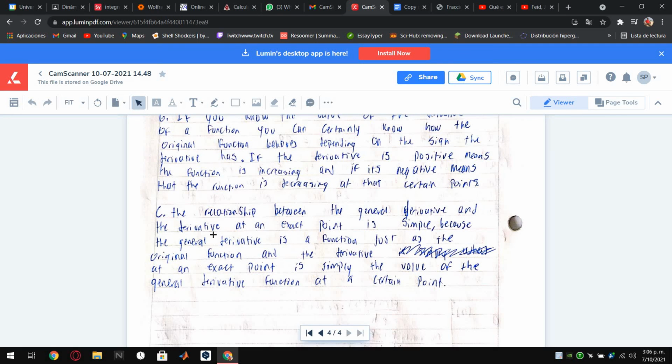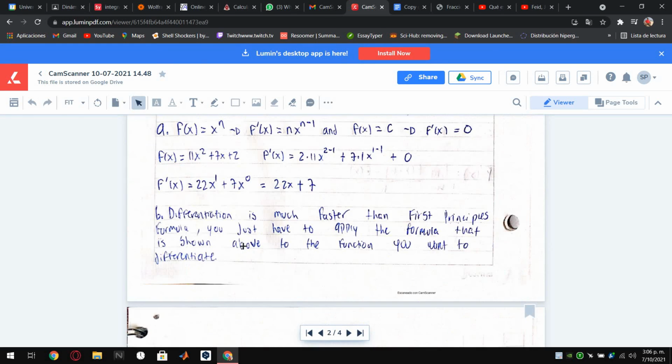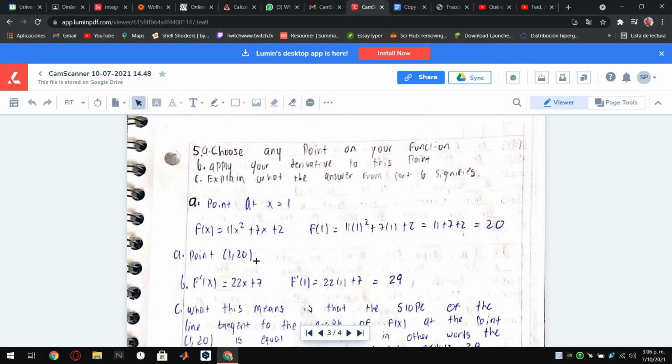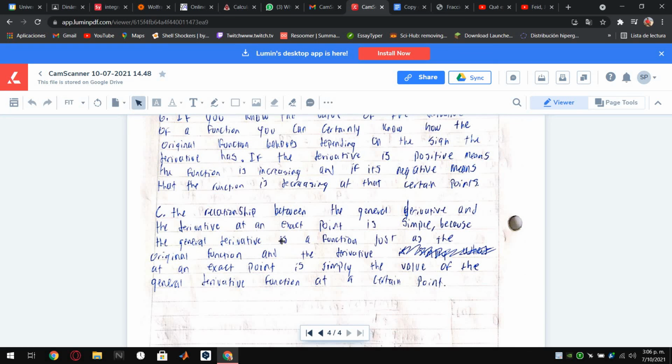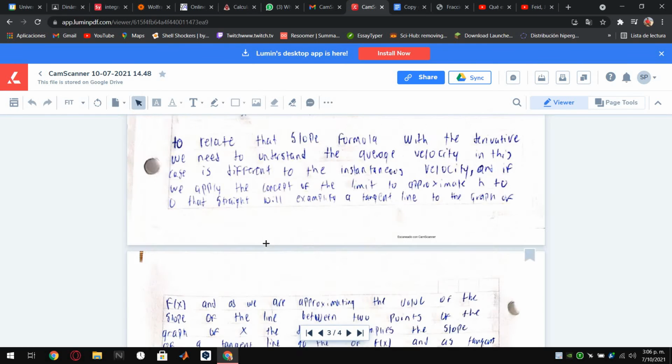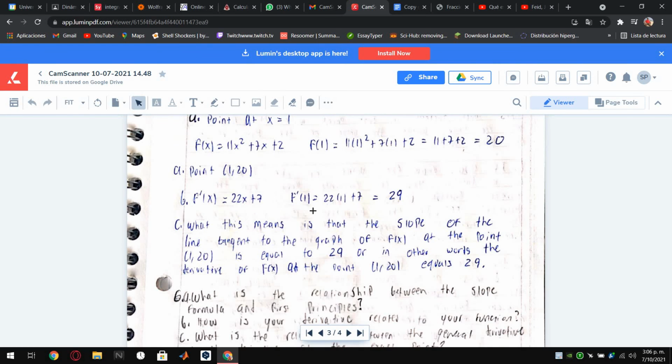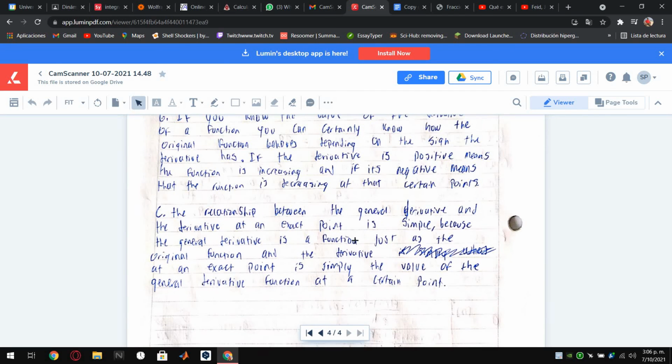The last part is the relationship between the general derivative and the derivative at an exact point. The general derivative, as we saw here, is a function just like the original function. So what is its relationship with the derivative at a point?